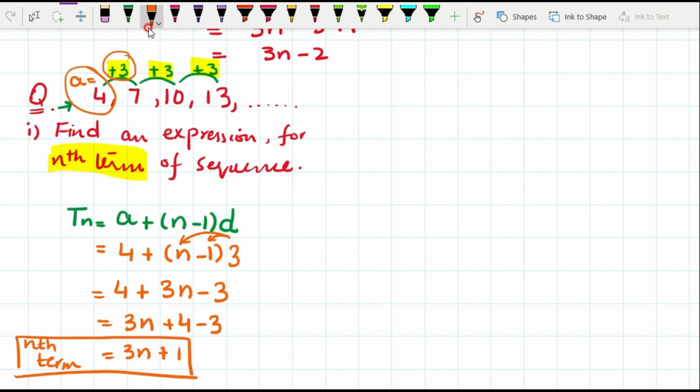Right? So normally we get such type of questions, and normally it has a second part: find the 50th term of the sequence.